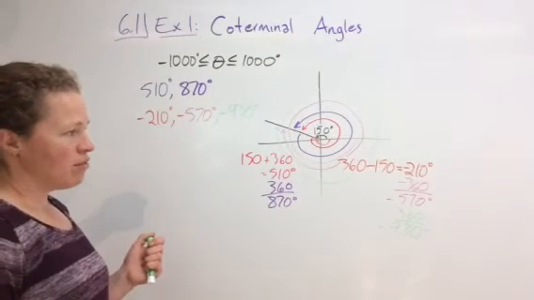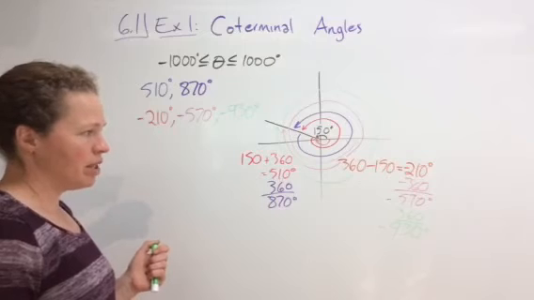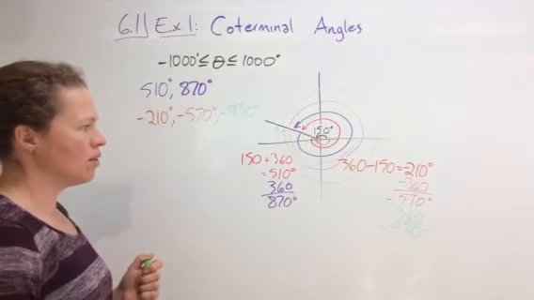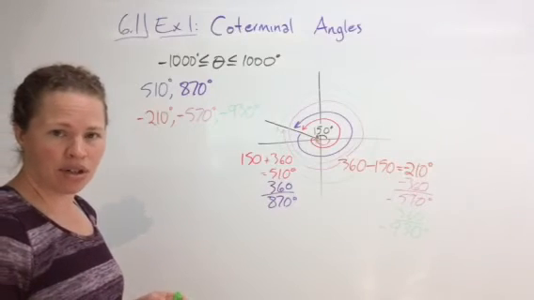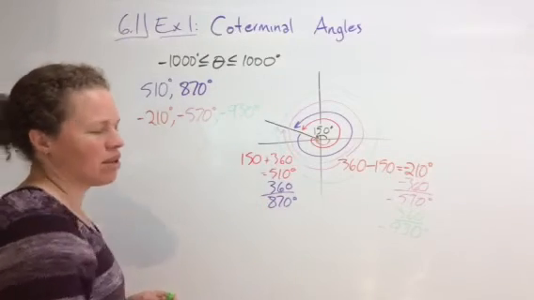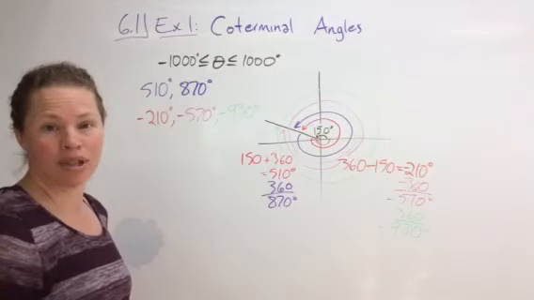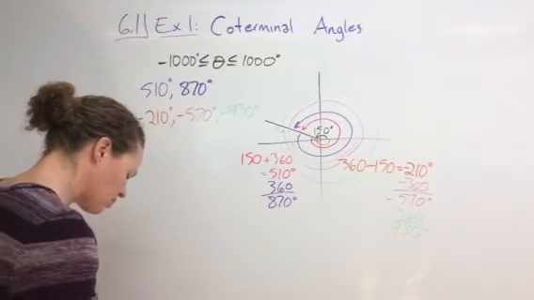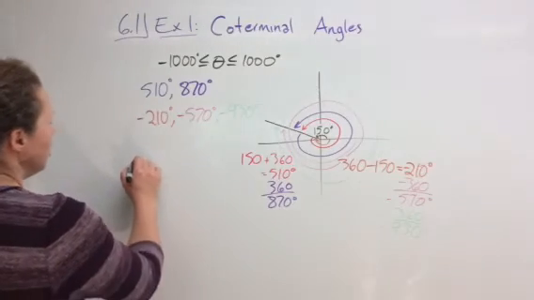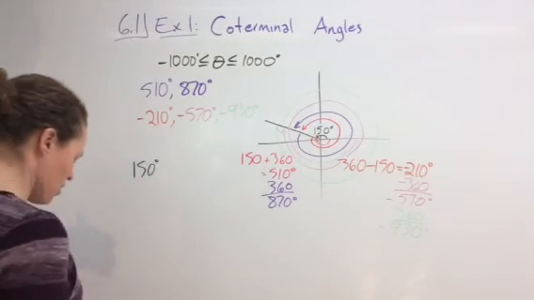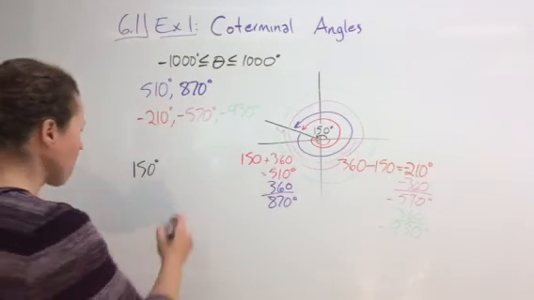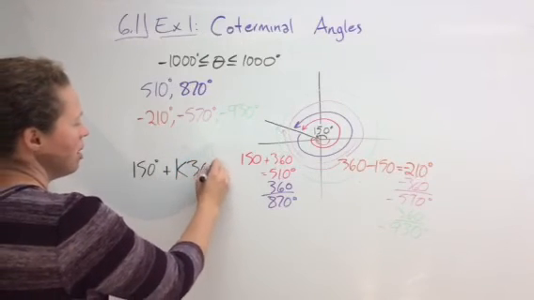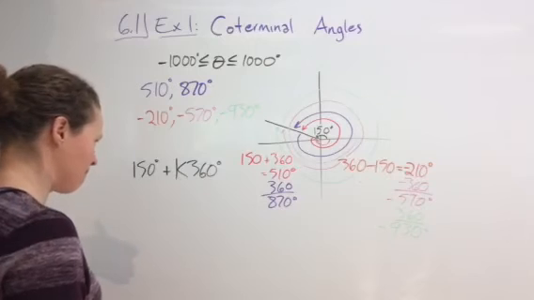So we have basically been looking at it in terms of 360 degrees. So part B of this question goes, well, what if you didn't want to muck around with all of this? What if you wanted to just use a formula? Then the formula would have to be 150 degrees, because that's my starting point, plus some constant times 360 degrees.